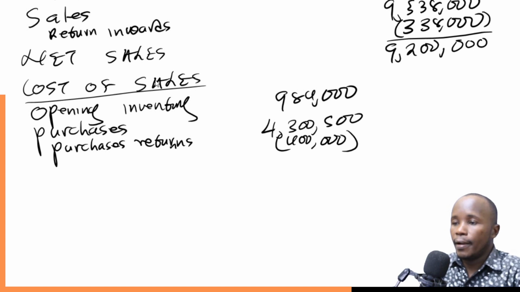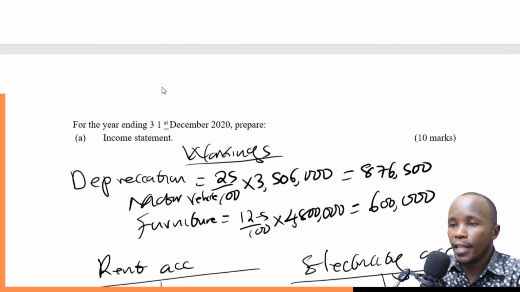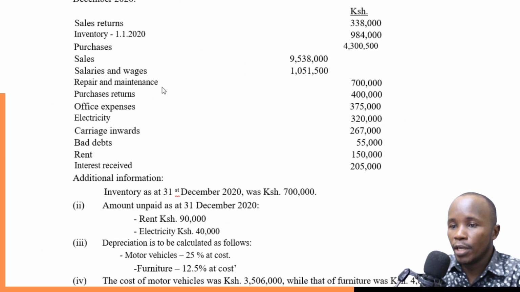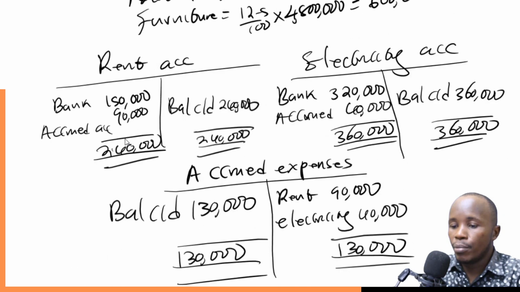Now, you look at this information here. You are told that we have carriage inwards. After purchases returns, we have carriage inwards. Carriage inwards are expenses incurred to bring goods, or to bring purchases, to your warehouse. So those expenses are brought in here.